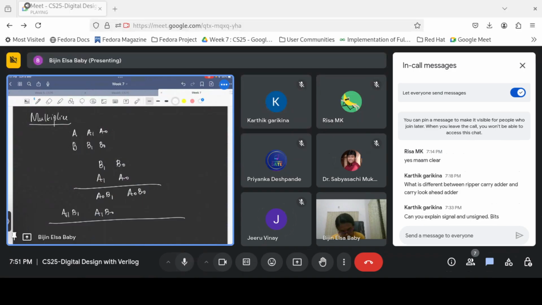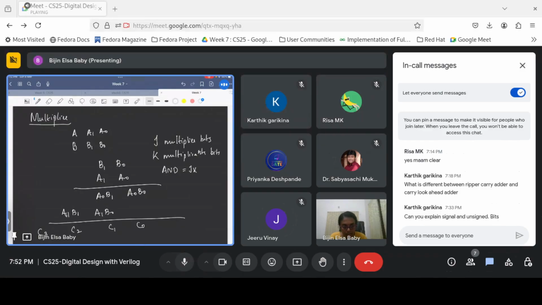For a J-bit multiplicand and K-bit multiplier, how many AND gates?